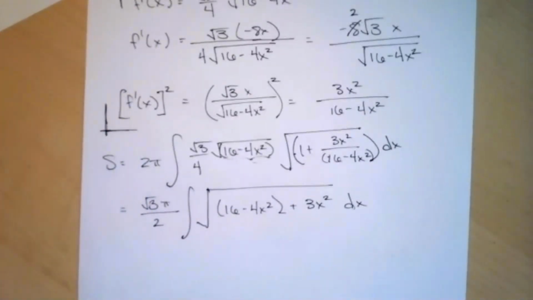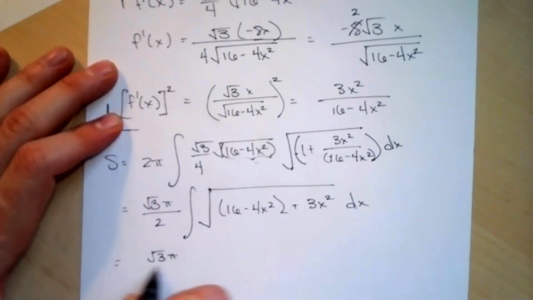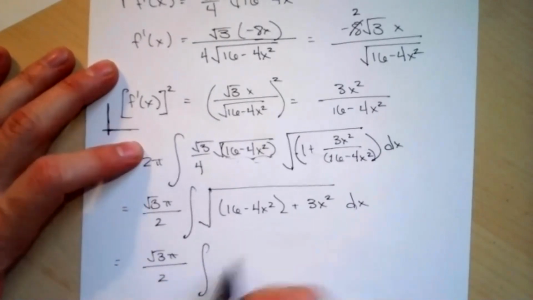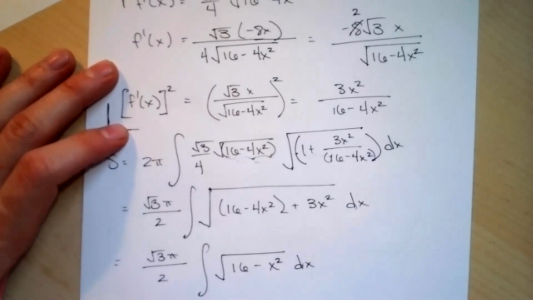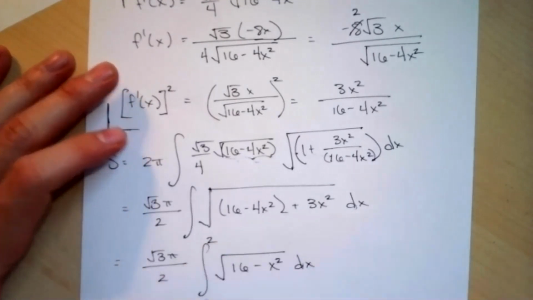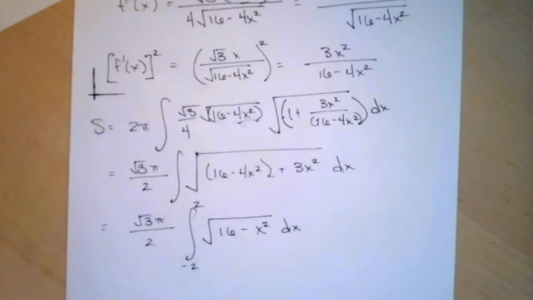That will make our lives a little easier in terms of these fractions. So it looks like we've got an integral of the square root of 16 minus x squared dx from -2 to 2. I haven't been writing the bounds. It gave us the x bounds -2 to 2, so those weren't hard to figure out. And now, question for you guys, what's our next step to solve this integral?